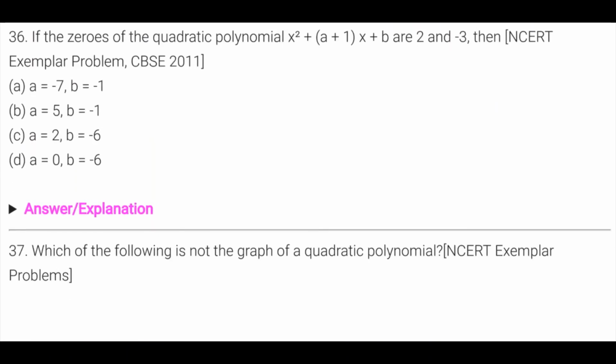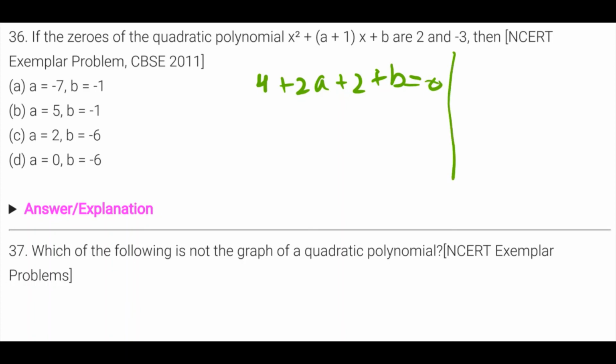36th question. If the zeros of the quadratic polynomial are 2 and -3, then substitute the value of 2. 2 square is 4 plus 2a plus b equals 0.